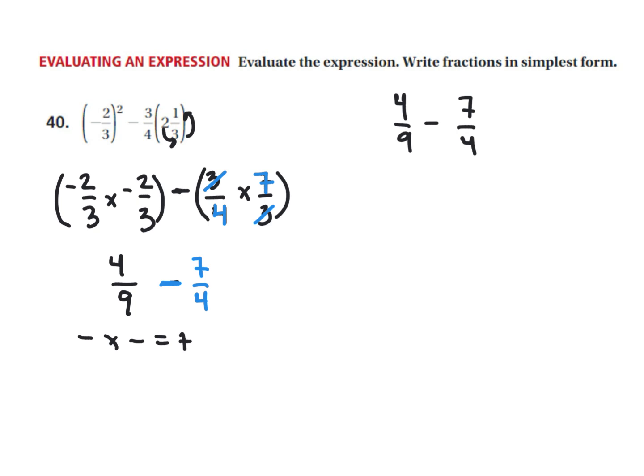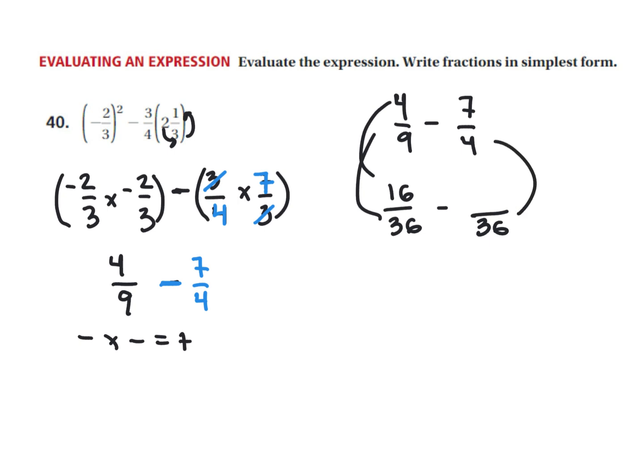So common denominator would be 36. On the left side, we'd multiply by 4. 9 times 4 is 36. So 4 times 4 is 16.